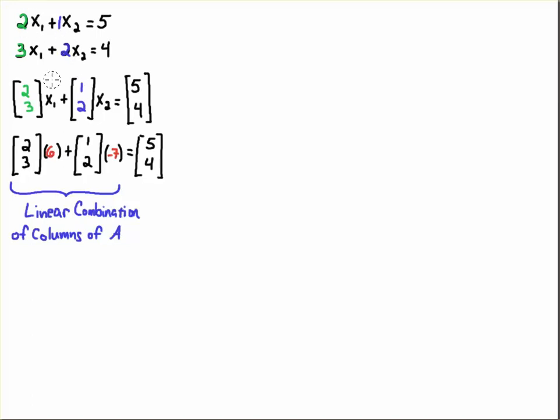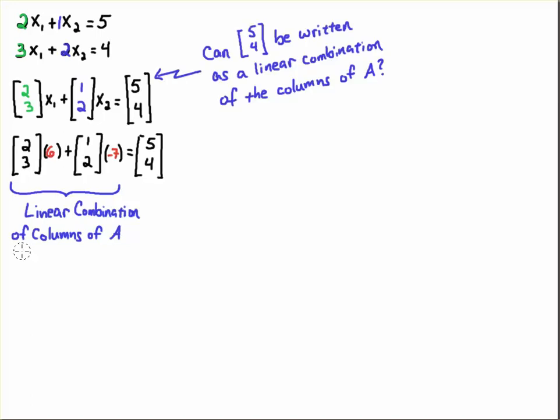So we think of this 2, 3, 1, 2 as a matrix A. Now that has some geometric significance, because when you see a linear system of equations, what you're really asking is, can this vector 5, 4 be written as a linear combination of the columns of A, or can this vector be written as a linear combination of these two vectors? Now, let me offer you some geometric interpretation of that so that I can make some sense of this for you.